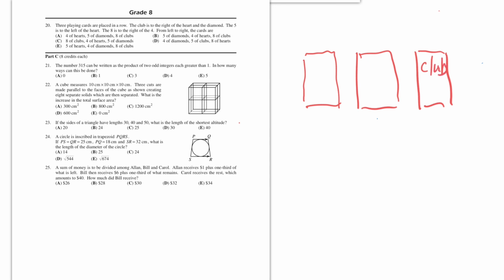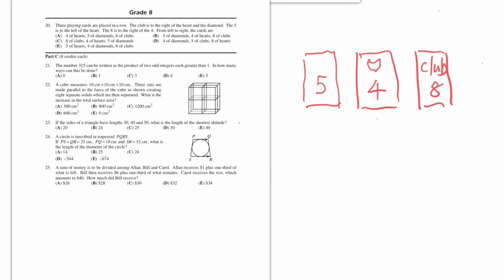5 is to the left of the heart. So the 5 to the left of the heart, 5 should be here. The heart should be here. The 8 is to the right of the 4. The 8 must be here, right of the 4. 4 is in the middle.